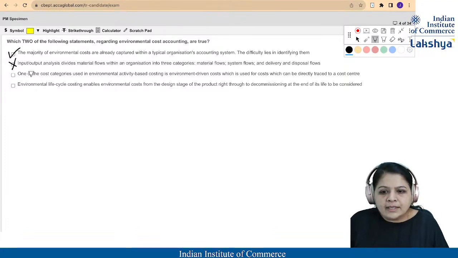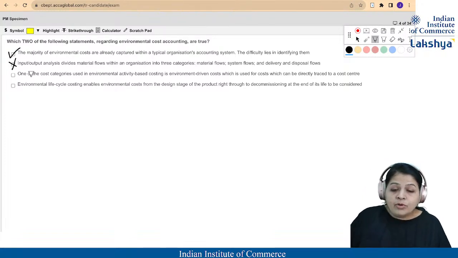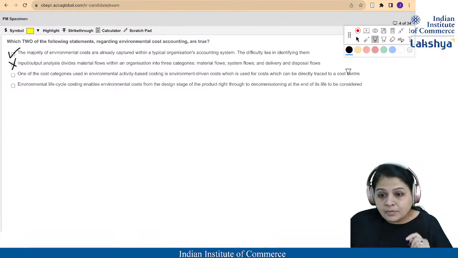One of the cost categories used in environmental activity-based costing is environmental-driven cost, used for cost which can be directly traced at a cost center. Environmental activity costing does have environmental-driven cost, but I am not sure if the cost center comes into that, so I'm going to wait for the last one to be read.